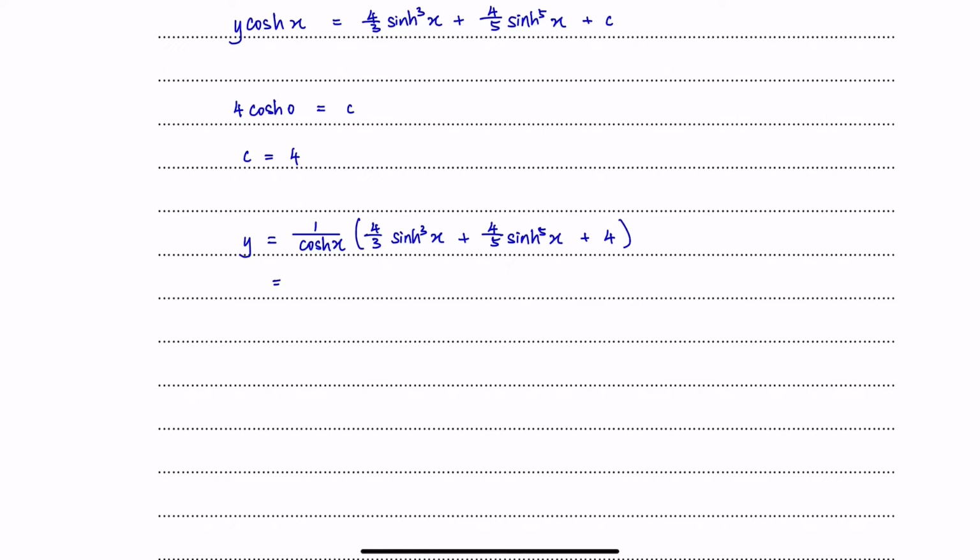And to make it look nicer, we can change the 1 over cos to sec. So we get 4 sec x times 1 over 3 sin cube x plus 1 over 5 sin to the 5 x plus 1.